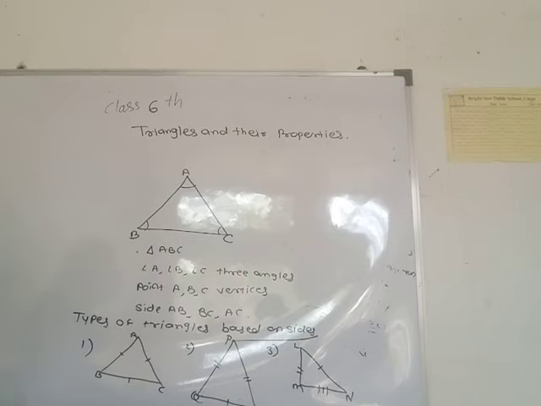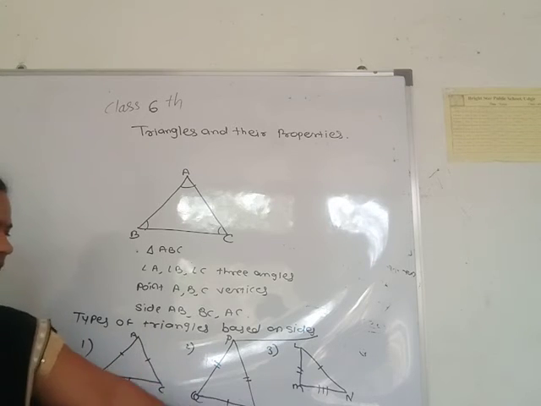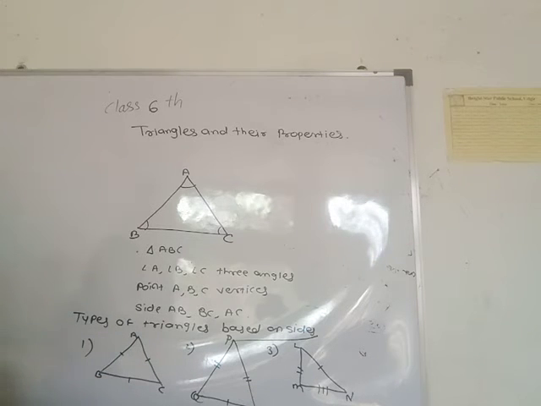See here these types of triangles based on sides. First one is triangle ABC, equilateral triangle, all three sides equal. Triangle PQR, only two sides equal, isosceles triangle. Third one, triangle LMN, scalene triangle, all three sides are different.